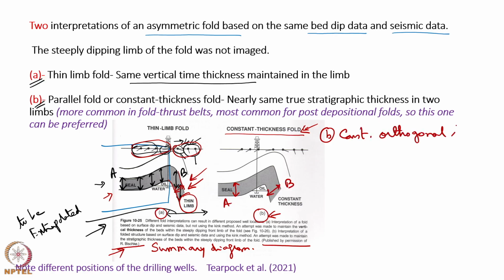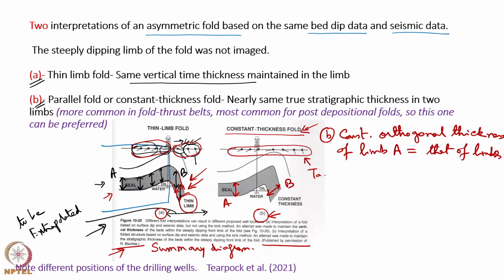Constant orthogonal thickness, or simply the true thickness of limb A is the same as that of limb B. While we do that, the information provided by the dipmeter log in terms of tadpoles is also followed.